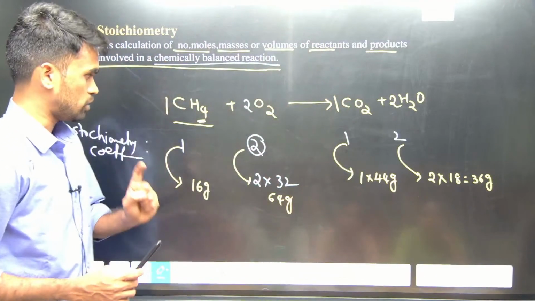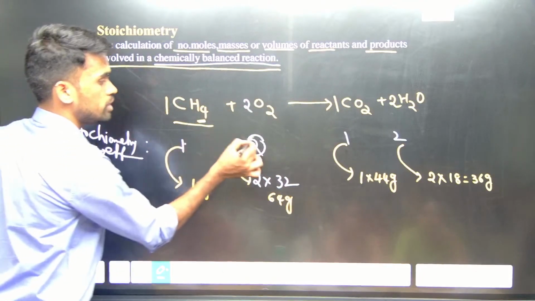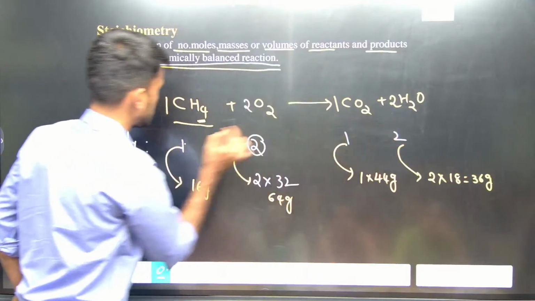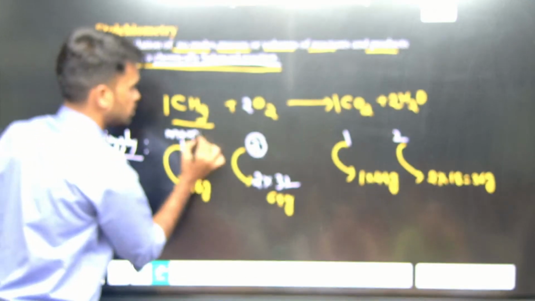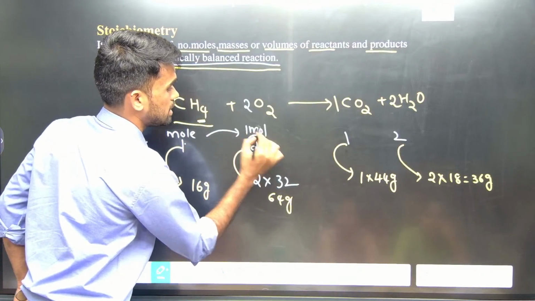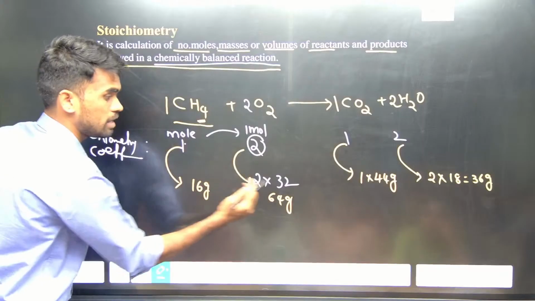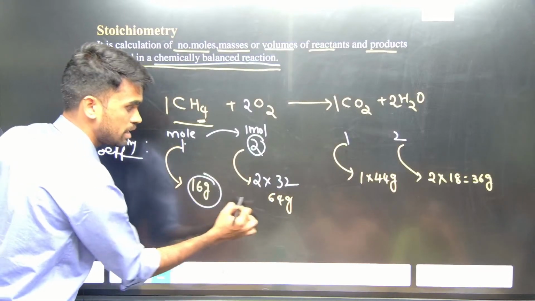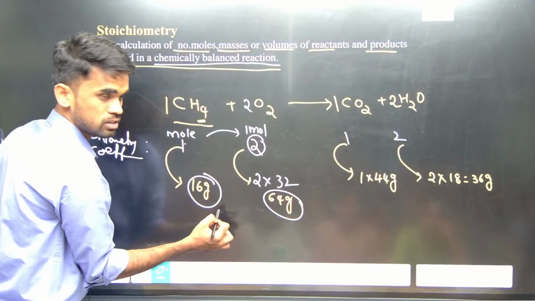Now you need to understand that here to here, here to here, it is a mole to mole ratio. I can connect mole to mole ratio, and from here to here, see, 16 grams of methane requires how many grams of oxygen? 64 grams.